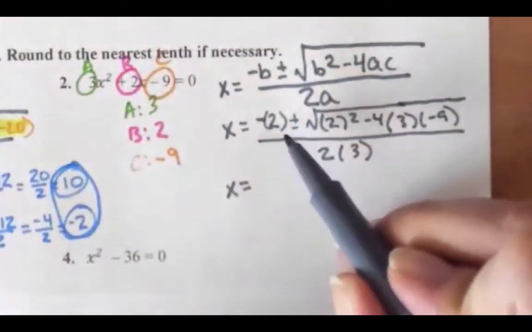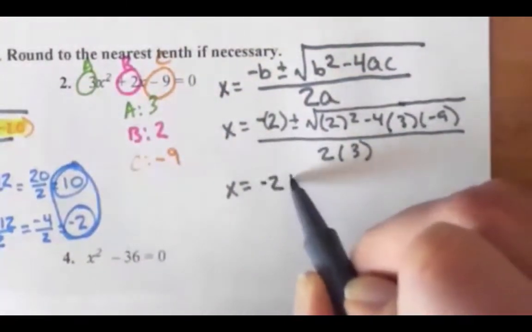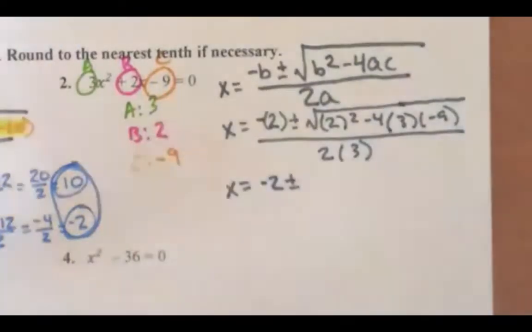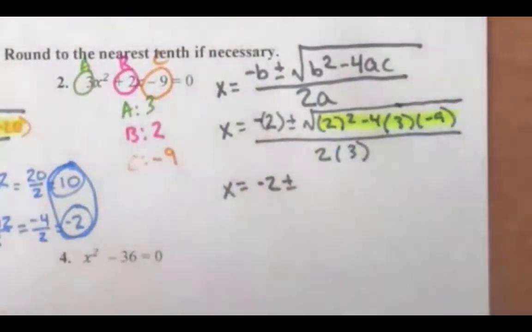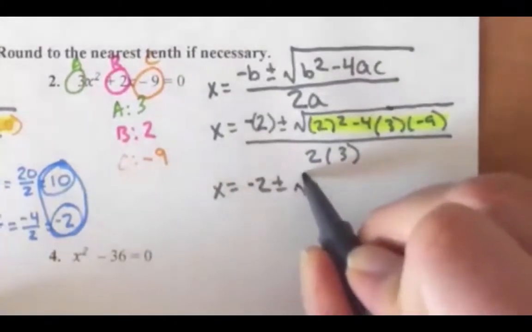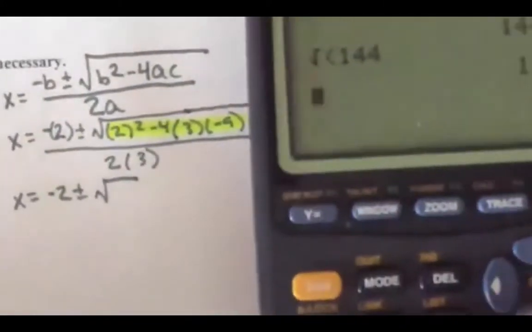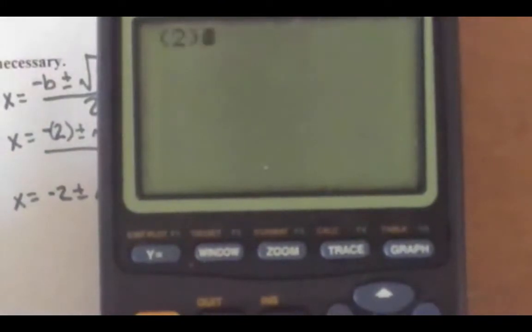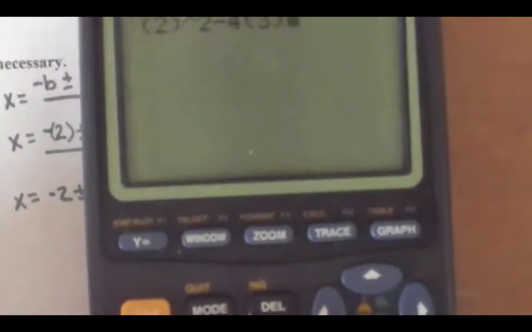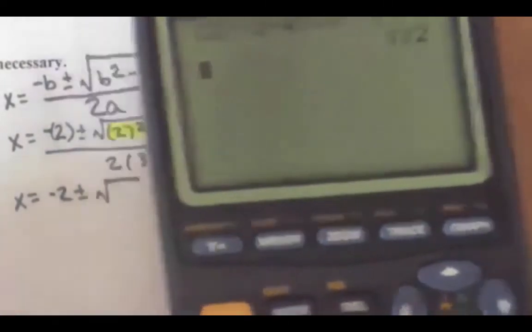So -2 is just -2 plus and minus. I'm going to do everything underneath the square root sign. So it's the square root of b squared, so it's 2 squared minus 4 times 3 times -9 is 112.